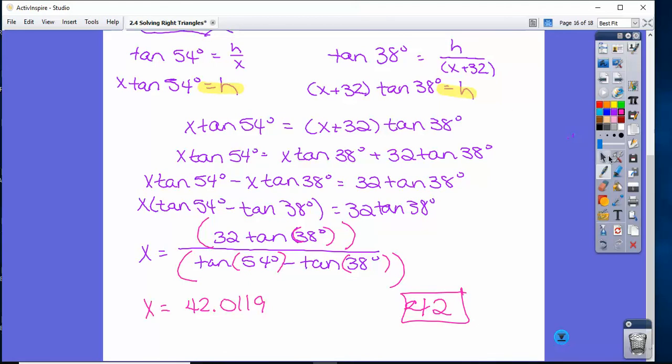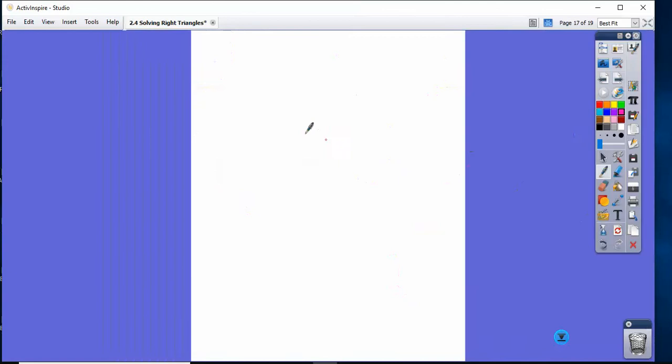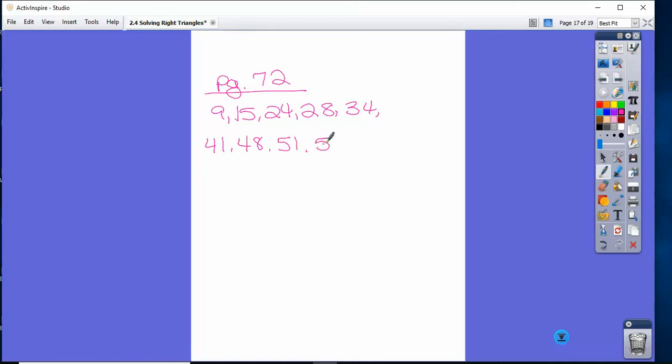So, we are at the end of this section now. There's 10 problems for homework.